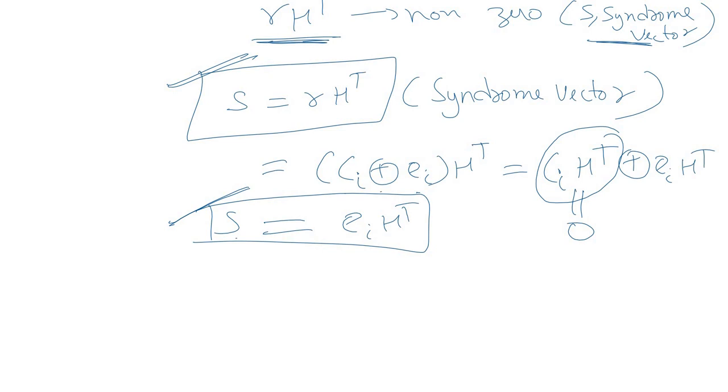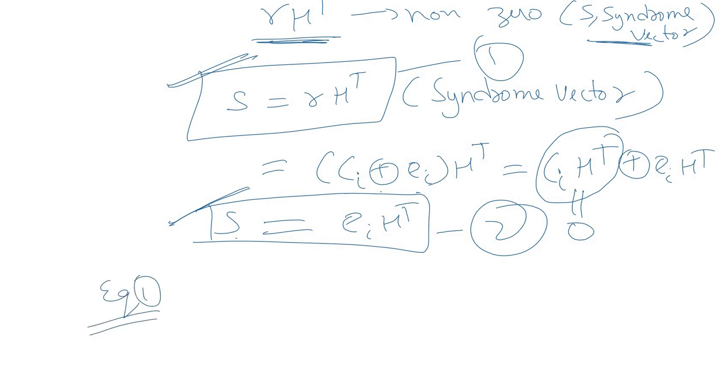Thus, using these two expressions, equation 1 and equation 2: from equation 1, if we have the knowledge of the received word R, which is obviously present at the receiver end, we can easily find the syndrome vector.